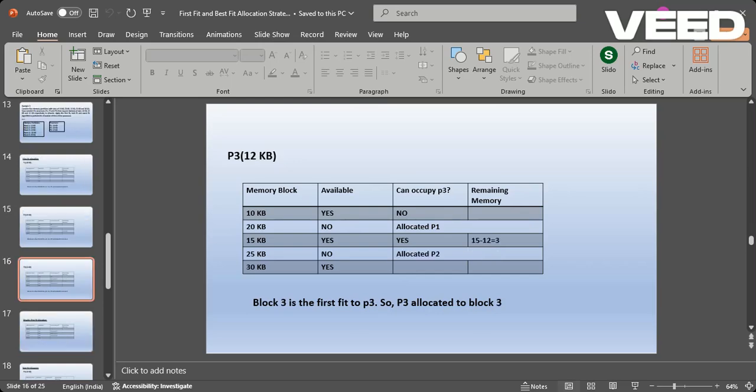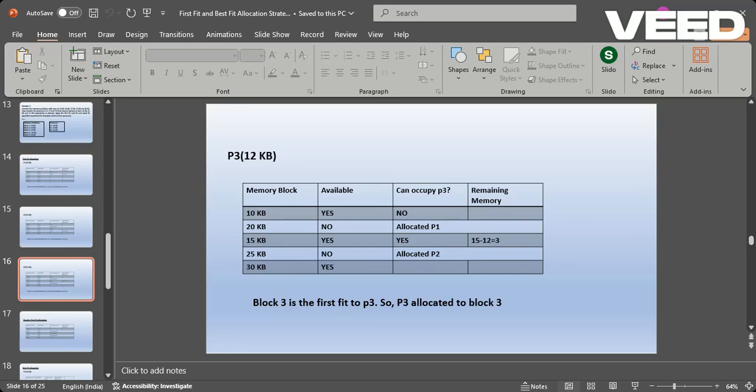Then the next process P3, 12 KB. From the starting location onwards, we check: 10 KB is not enough to store P3, 20 KB is already allocated to P1, and 15 KB is the first suitable location enough to store P3. We calculate the memory wastage: 15 minus 12 equal to 3.